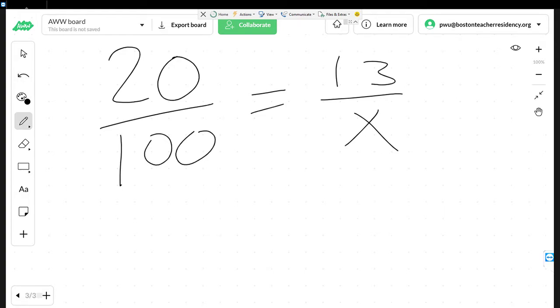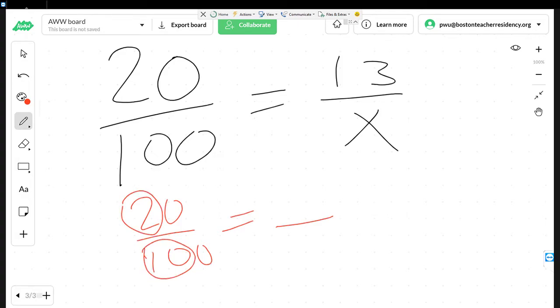So we have 20/100ths. It's going to be equivalent to some smaller fraction. Well, I know that 2 goes into 10, so 20 must go into 100.